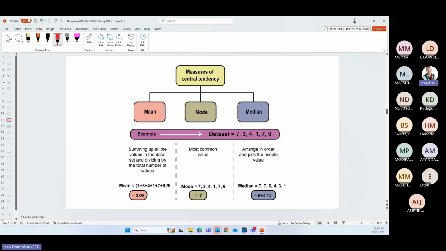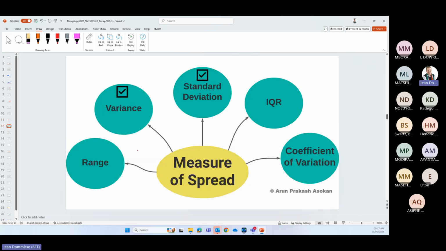So then we go into measures of central tendency, where we talk about mean, mode, median. So they love to ask that.